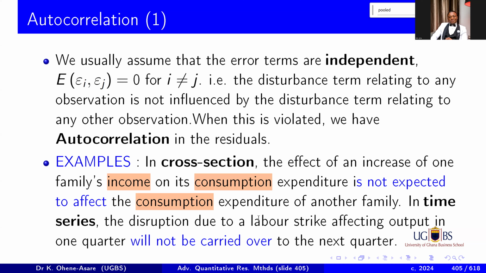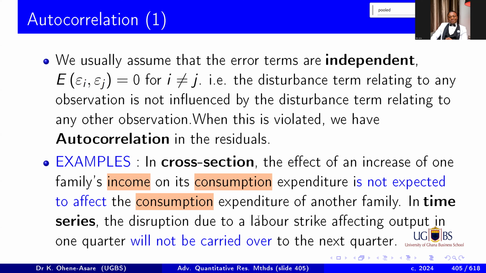Then there was no strike throughout the rest of the year. And yet that very strike between January and March has led to a downturn in the profitability of the company even towards December. It has carried over to the other period. When that happens, then we have autocorrelation of the errors, because it shouldn't influence something else that happened. But certain things in life are like that.